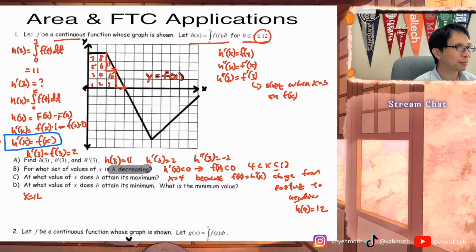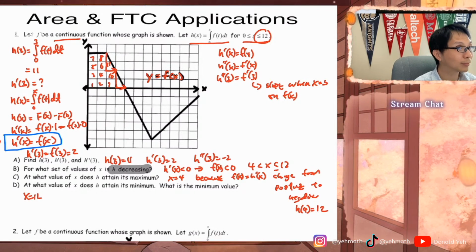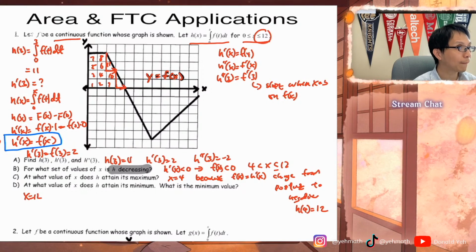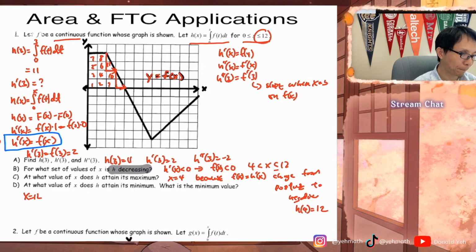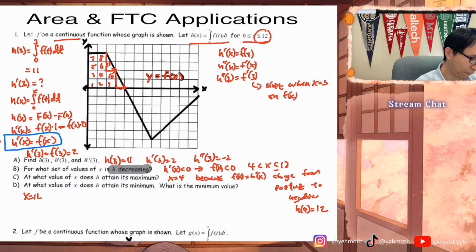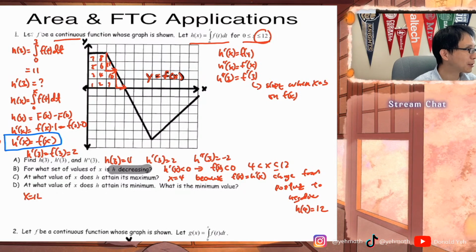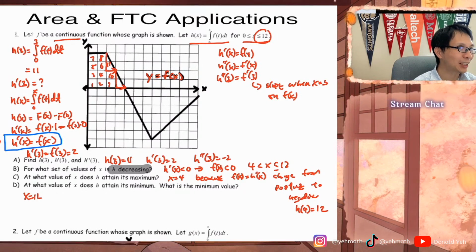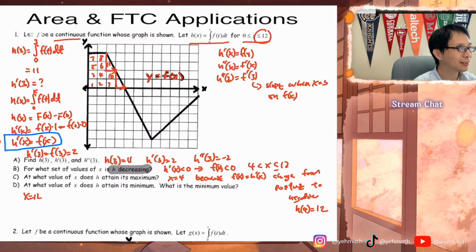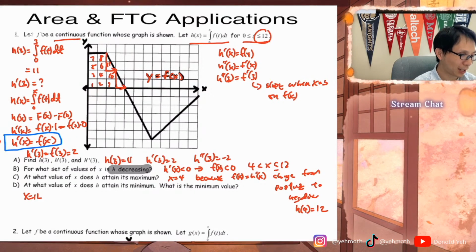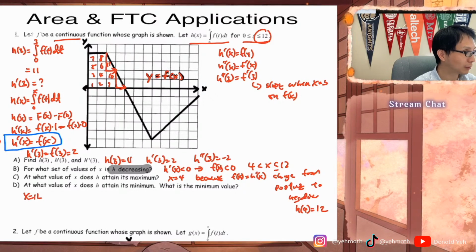It's not negative 12, but it's pretty close though. Almost. You're getting colder. It's negative 14 and a half.